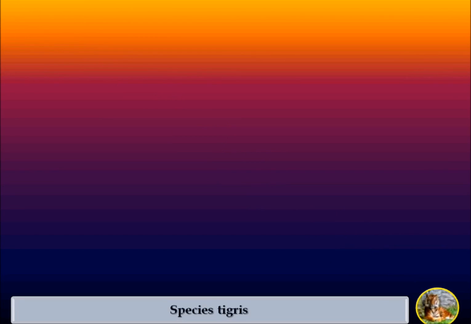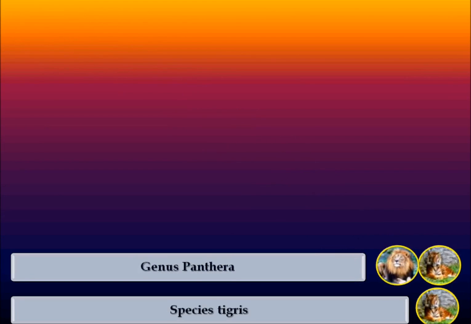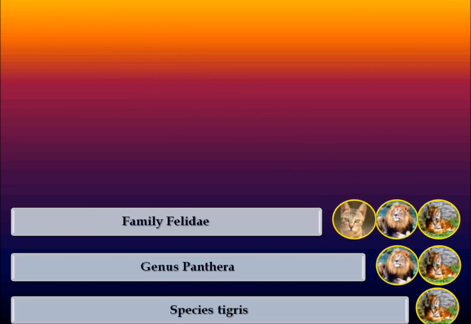So let us see this with the help of an example. So we have the species tigris and genus Panthera, which falls under the family Felidae.